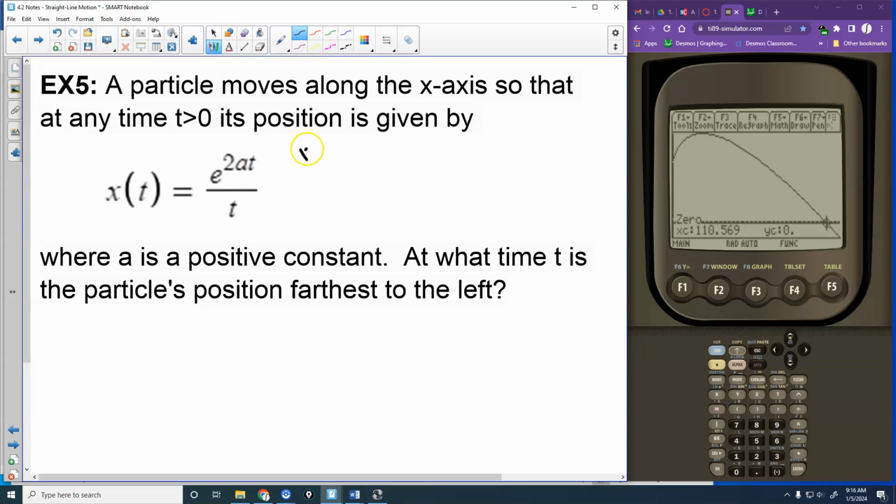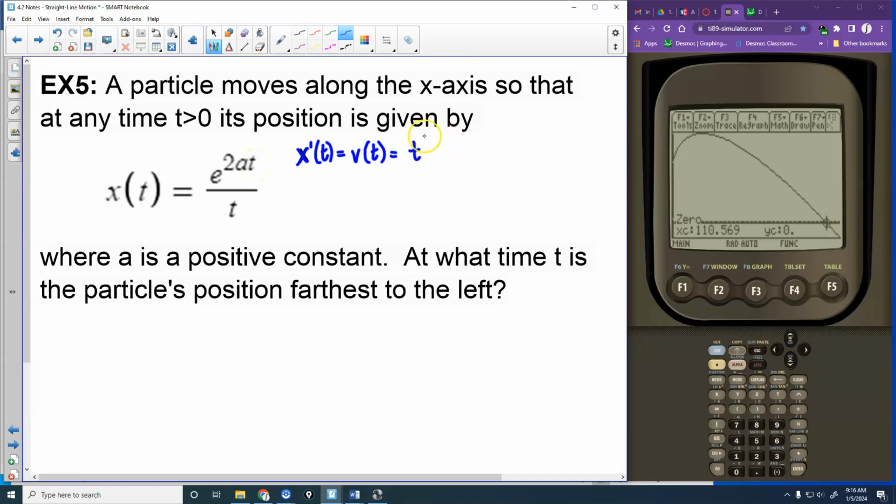So we are going to say x prime of t, I'm going to go ahead and say equals v of t. You don't have to do that, but I like for it to be called v, so I'm remembering for sure I'm talking about velocity there. And then I'm going to use quotient rule for this. So I've got t times the derivative of the e to the 2at, and a is a positive constant.